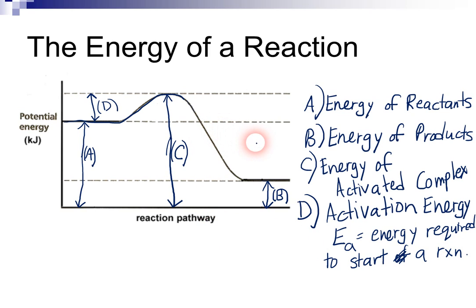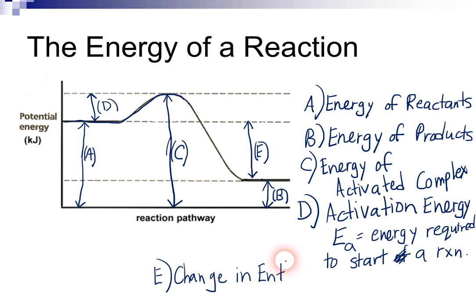Now, we have one other feature on this graph that I want you to be aware of, and that's the difference between the starting point and the ending point. And so I'm going to label that as E, and that is called the change in enthalpy. Enthalpy is a fancy word for heat. It's a certain type of heat, though.